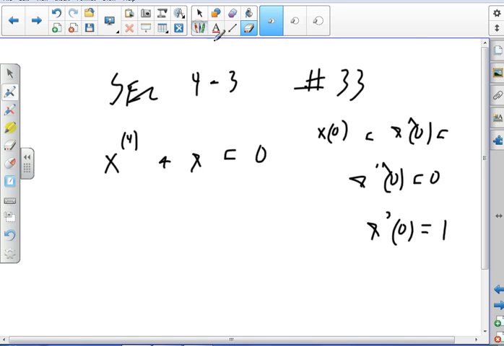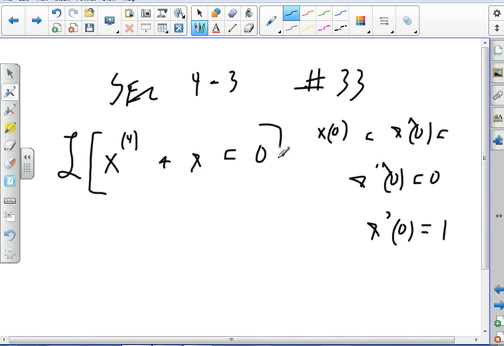Okay, so I'm going to take the Laplace transform of the whole thing. I'm looking at my Laplace transform, and I see the first and the second derivative, right? But I don't see the fourth derivative. So the fourth derivative is going to work in the same way.